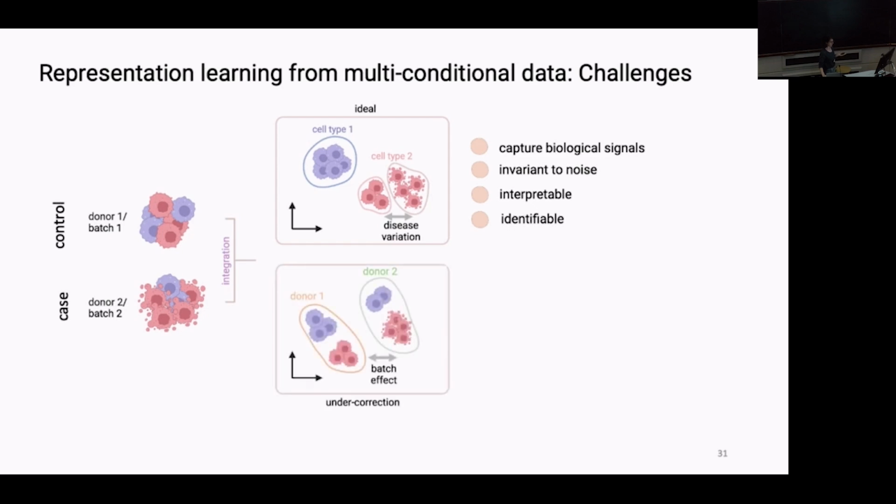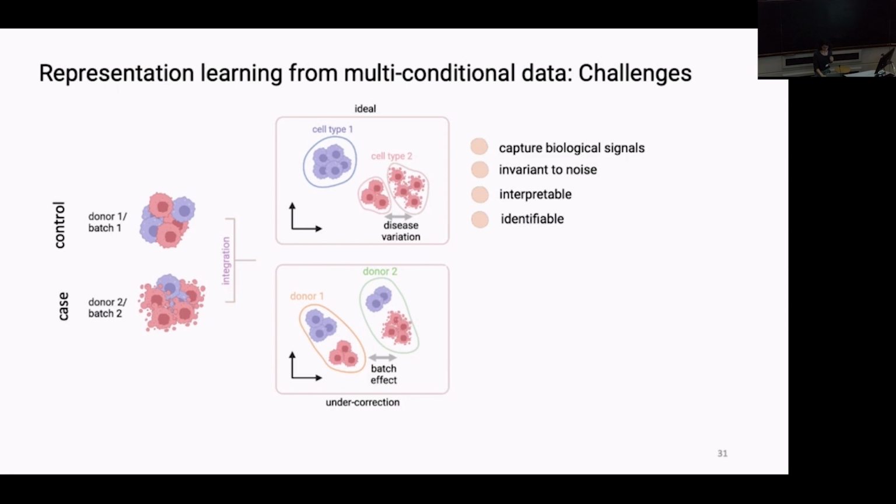But what happens in reality with many of the methods is, first, many of them can undercorrect. If you just give all the data to a variational autoencoder, often they learn two very big clusters of cells that are separated mostly because of the batch effect, which is the technical noise between the experiments. It's so significant that it can easily dominate the clusters of the cells.